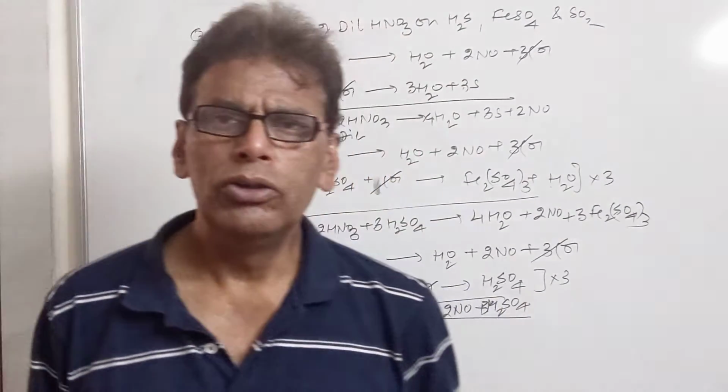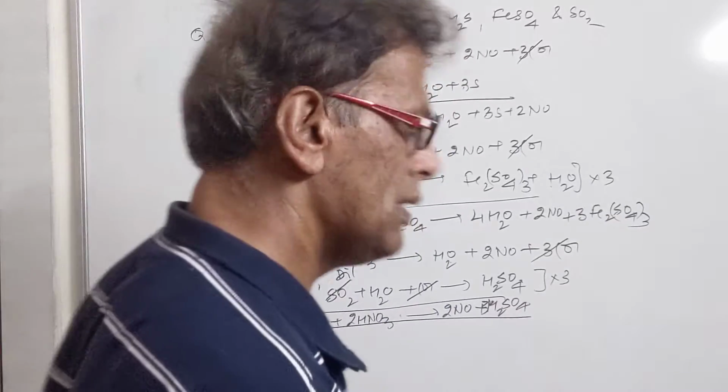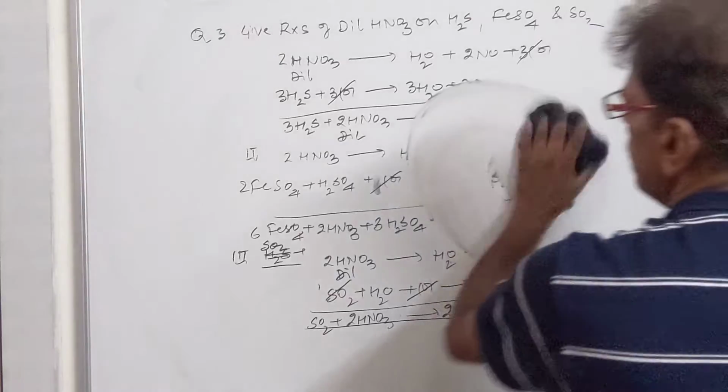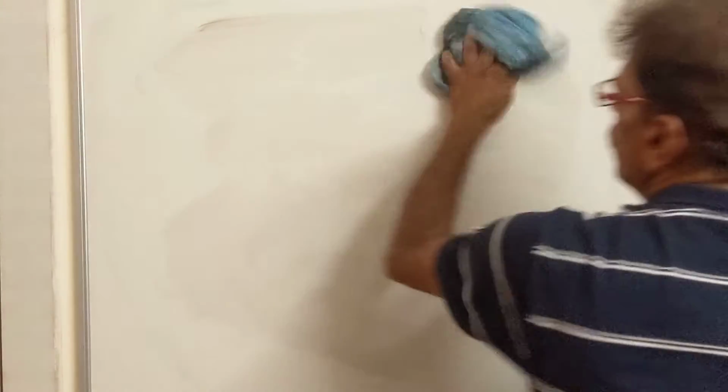Then do you know the method of preparation of PCl5? Give two methods to prepare PCl5. PCl5 can be prepared either by treating phosphorus directly with chlorine or treating PCl3 with Cl2.